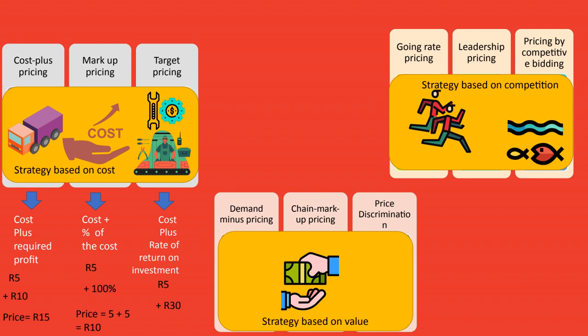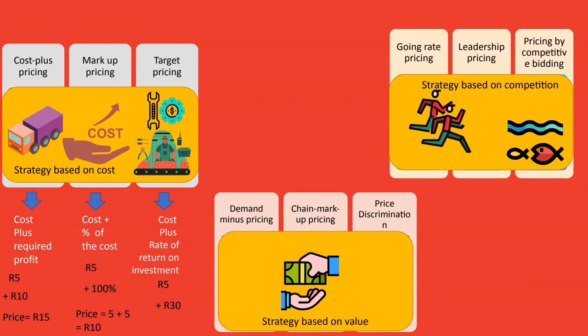Chain markup pricing is very much the same as demand pricing in that it's just adding the supply chain to the particular product to ensure that everybody in your supply chain for your product maintains the same profit. And then we have what is called price discrimination. And discrimination is a terrible word in South Africa, but in pricing it isn't at all.